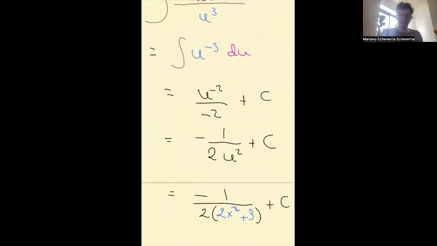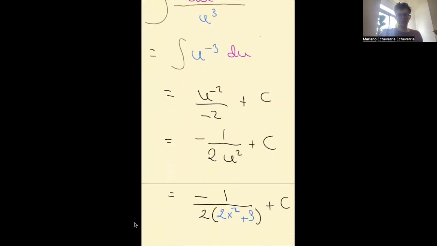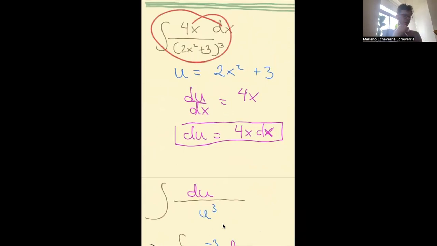Is that making sense? So that's the antiderivative in this case. Again, that means that if you take the derivative of this function, you will get back this expression.